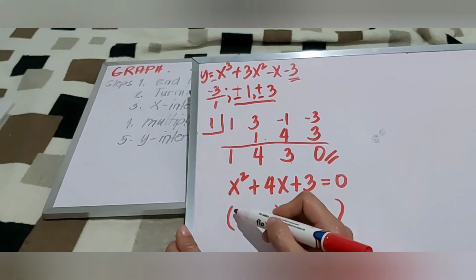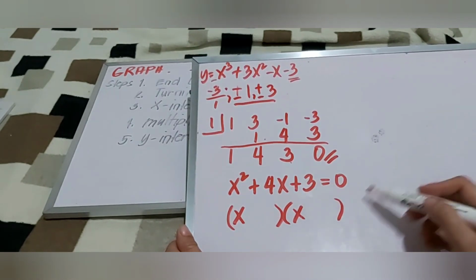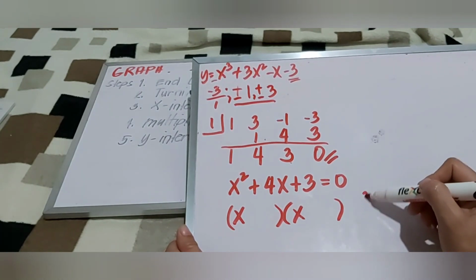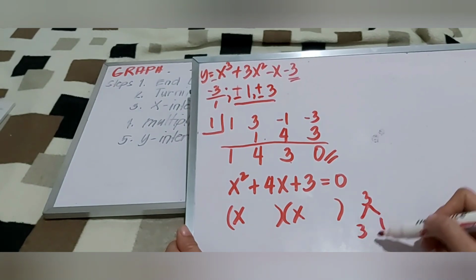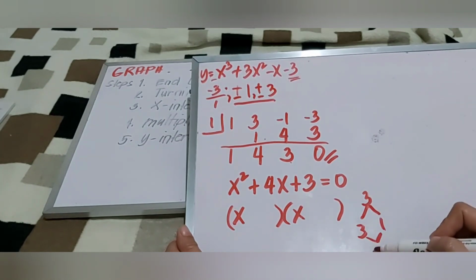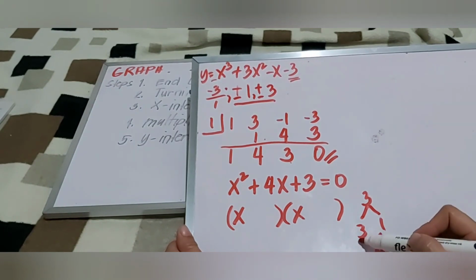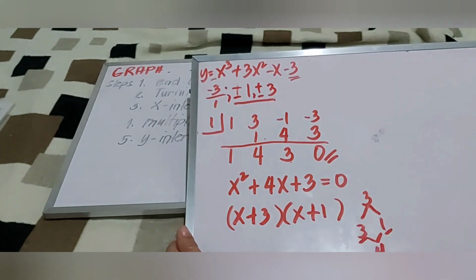So, factors ng x squared ay x tsaka x. Factors ng 3, na kapag minultiply ko ay 3, at pag inadd ko ay 4. 3 times 1 is 3. 3 plus 1 is 4. So, pasok ang 3 at 1. So, positive 3 and positive 1.